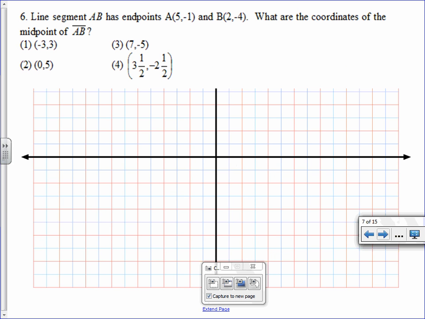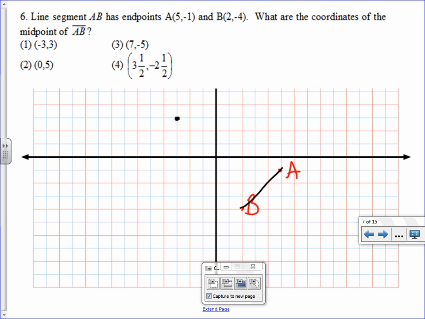Notice for number 6, I put graph paper here because when at all possible, use a graph. A is 5, -1. B is 2, -4. It wants the midpoint. Let's see, what point's in the middle here? Is it -3, 3?